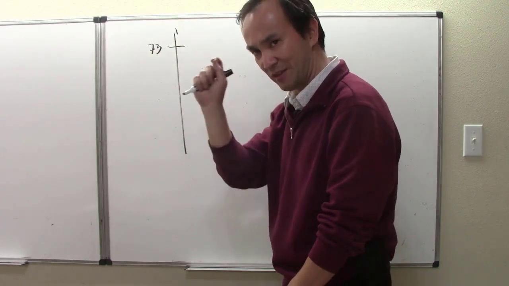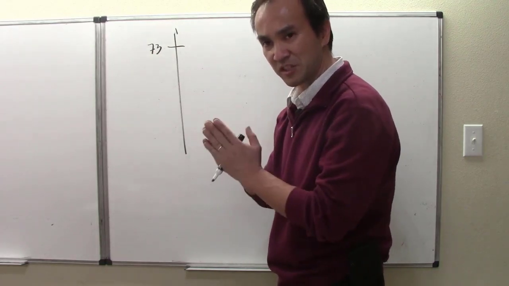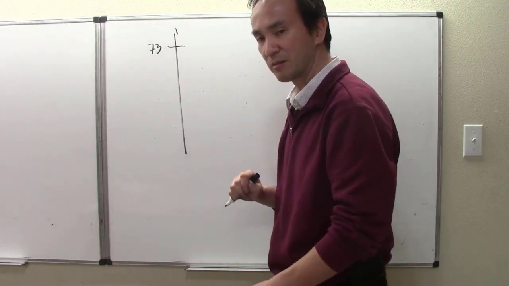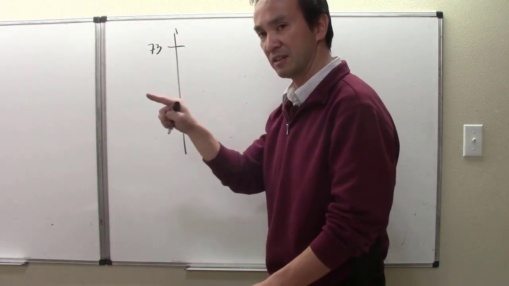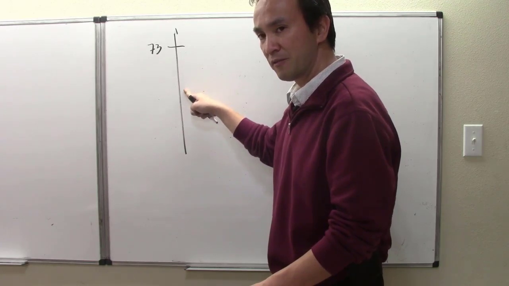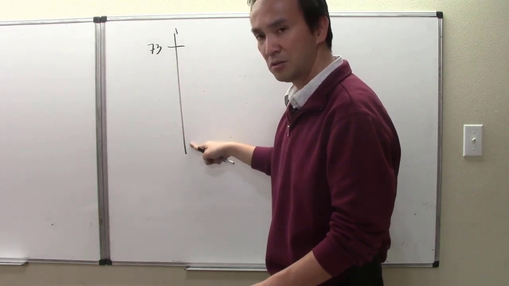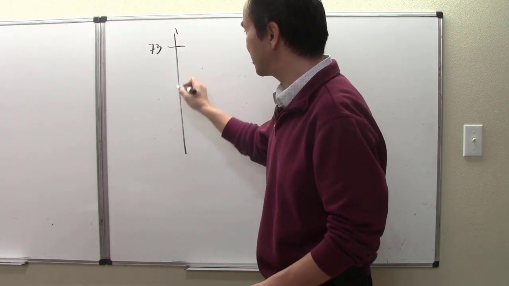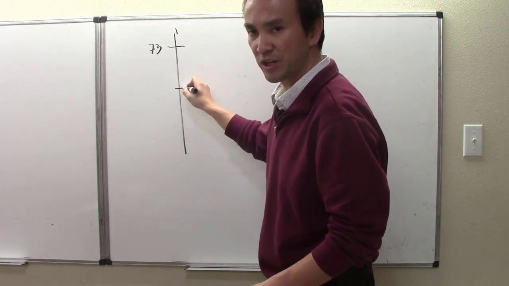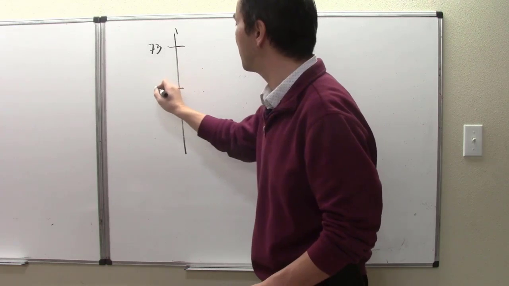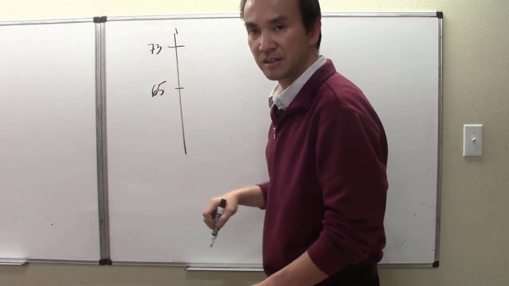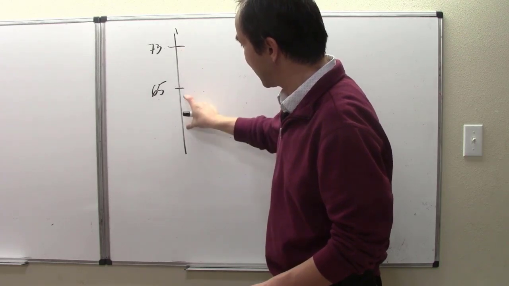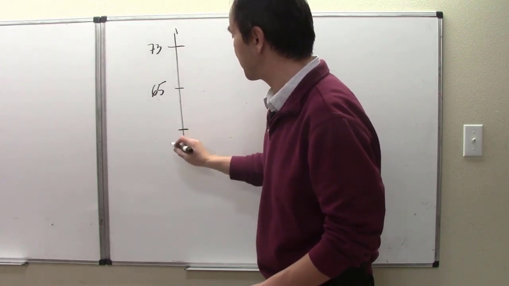Even though it was not specifically mentioned, the average temperature stated in the problem is being used as the middle value exactly between the low and the high. So I can call that point somewhere down below 73, being my 65 degrees, the midline. And exactly that same space down below has to be my low.